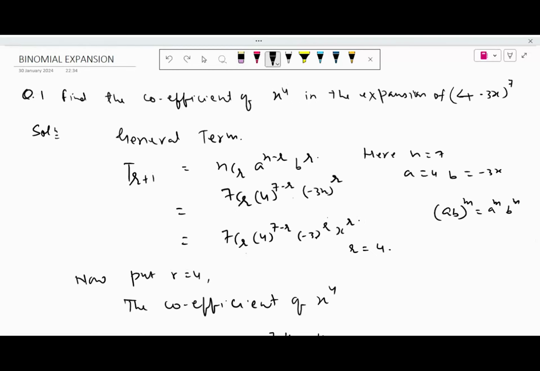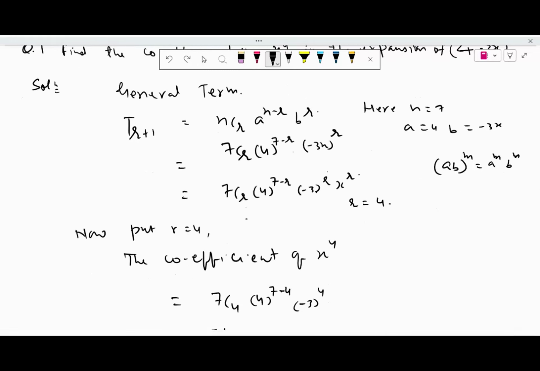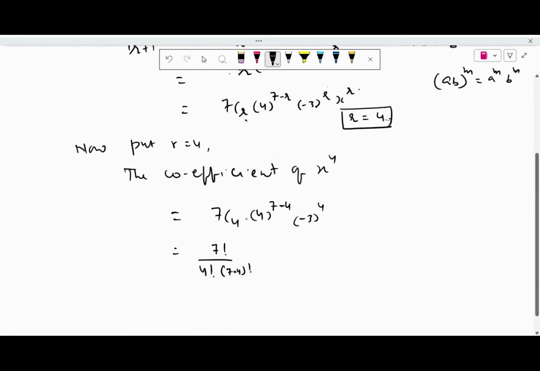So n is 7 and r is 4. Putting r equals 4 in the given general term, we have 7C4, and 4 to the power 7 minus 4, and minus 3 to the power 4.